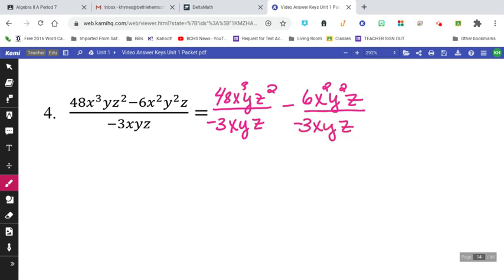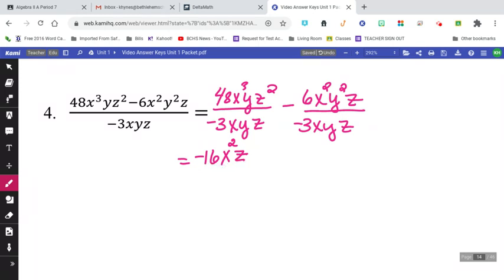And now you're going to simplify both of them separately. So for the first fraction, I draw my line. 48 divided by negative 3 is negative 16. There are more x's in the top, so 3 minus 1 is 2. The y's cancel. There are more z's in the top, and 2 minus 1 is 1.